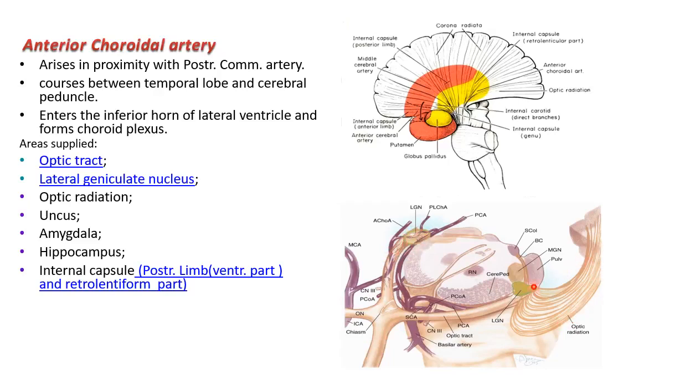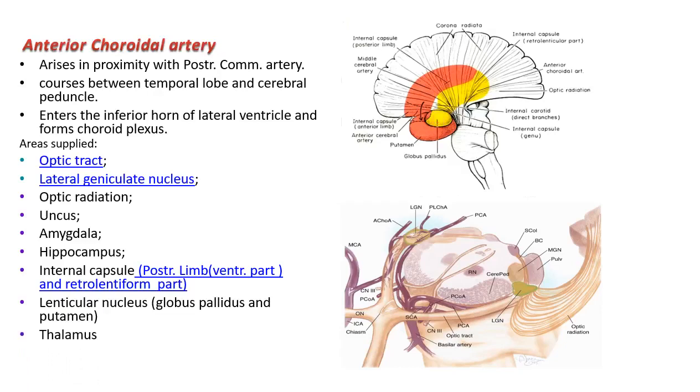As I told you, the area supplied mainly by your anterior choroidal artery is the anterior part of the posterior limb of the internal capsule, and your retrolentiform part of your internal capsule. Not only that, it also supplies part of your globus pallidus and putamen, and to some extent also the thalamus.